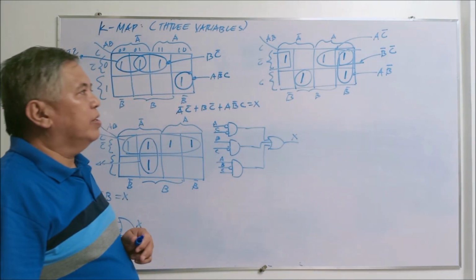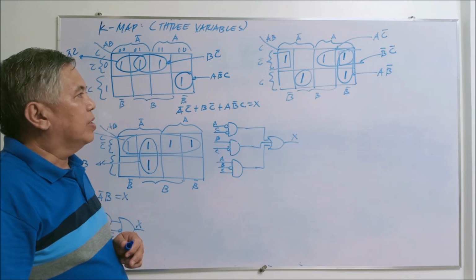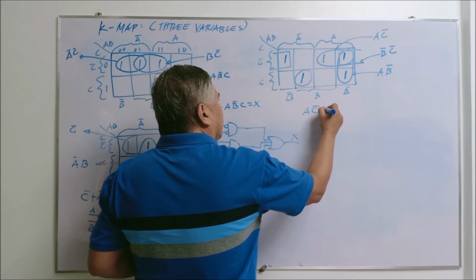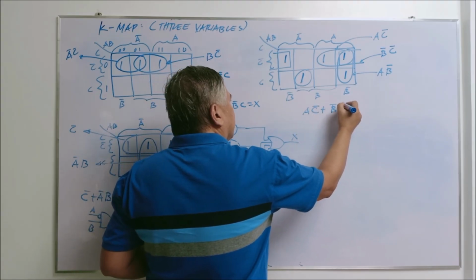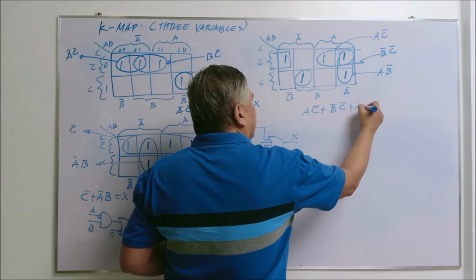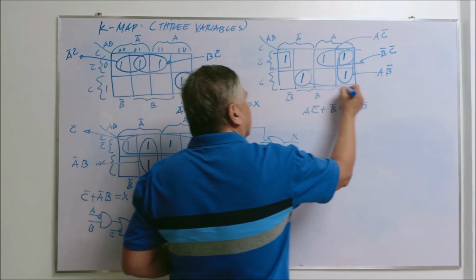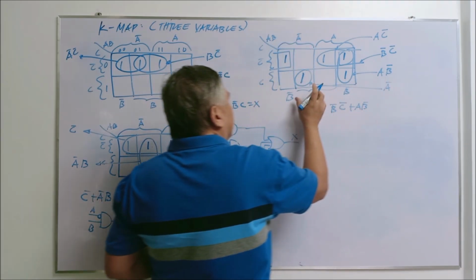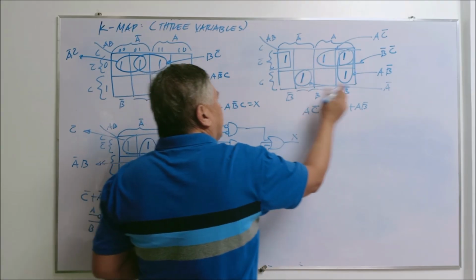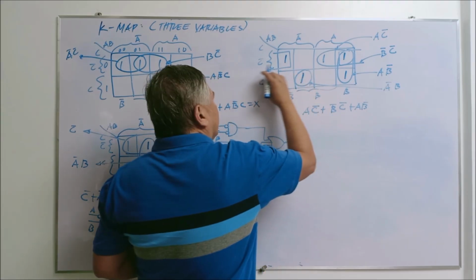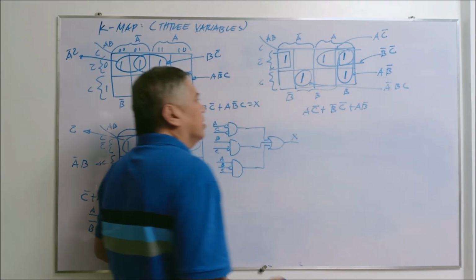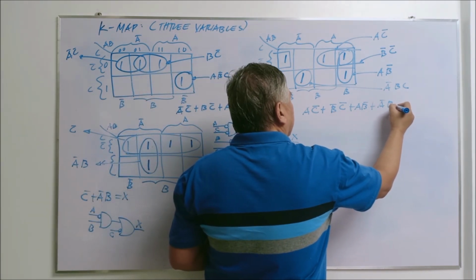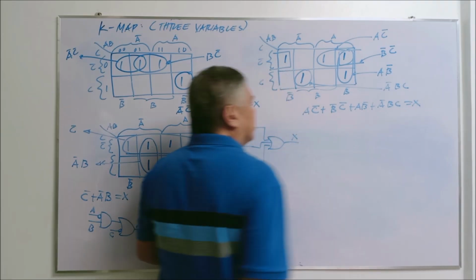So that will be our equation. By the way, we still have this one. This belongs to A bar and B and C. So the final equation is A C bar plus B bar C bar plus A B bar plus A bar B C is equal to X.